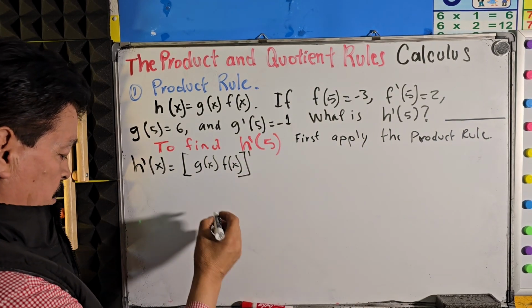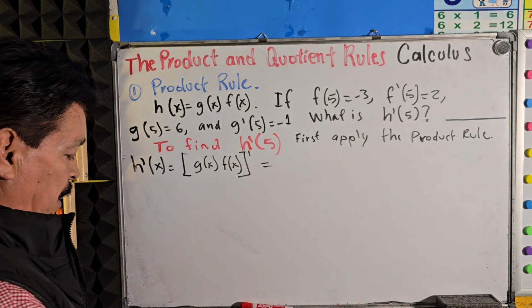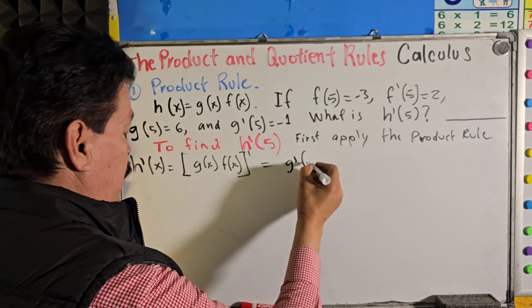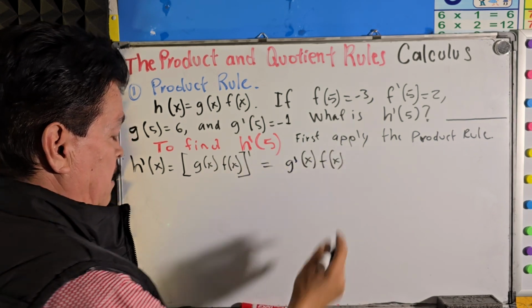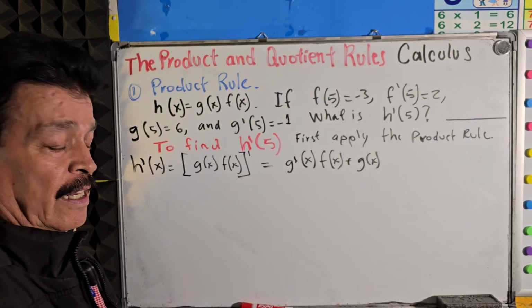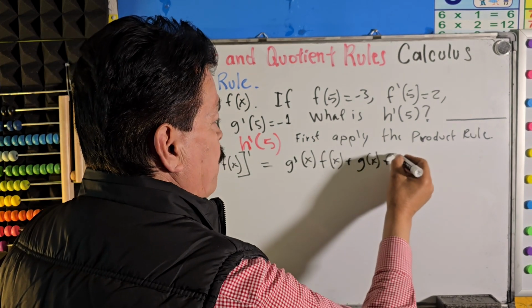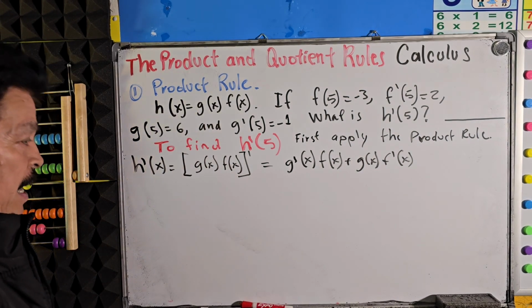So this equals g prime of x times f of x plus g of x times f prime of x. That's the product rule. Right now, plug it in.